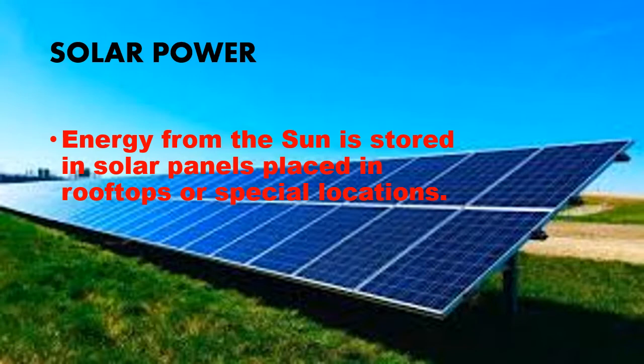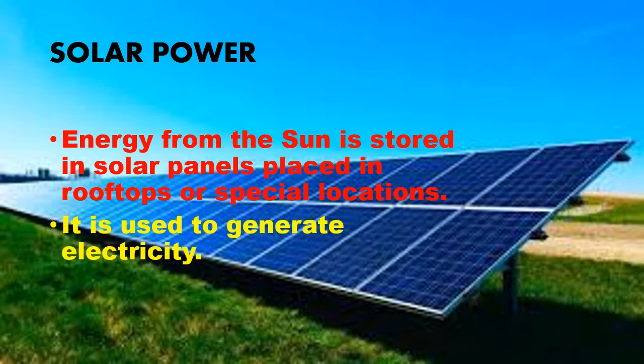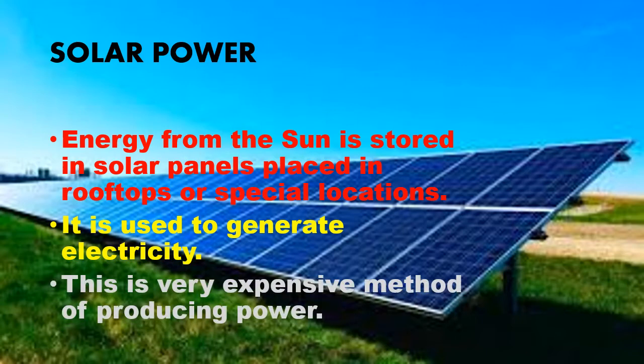Solar power is the conversion of energy from sunlight into electricity by using these solar panels. It is used to generate electricity. They convert the sun energy, solar energy, into electrical energy. However, this is a very expensive method of producing power.